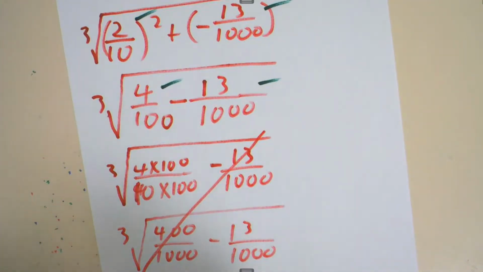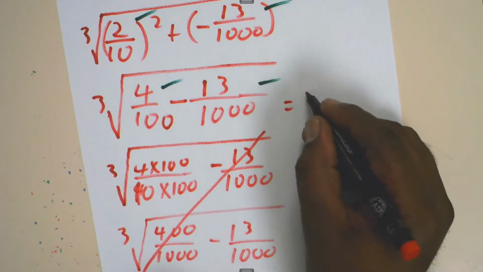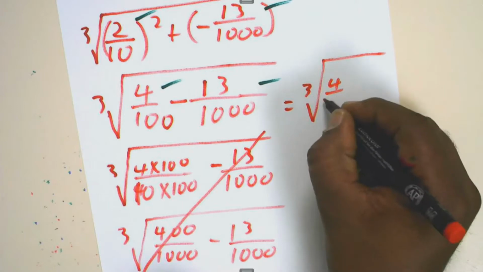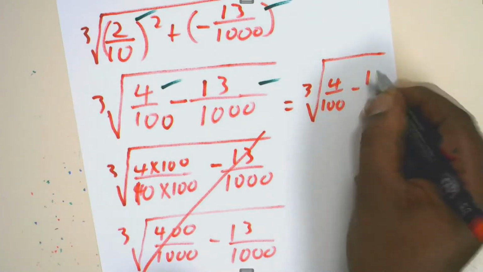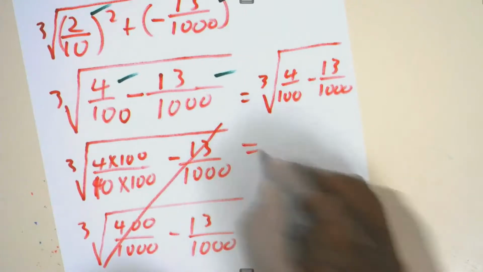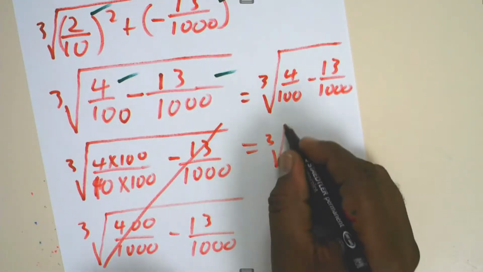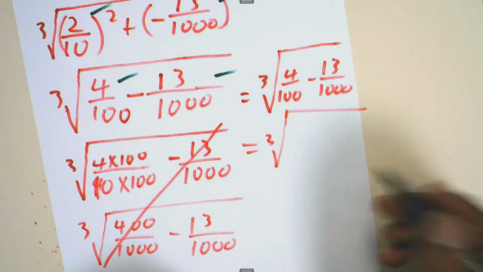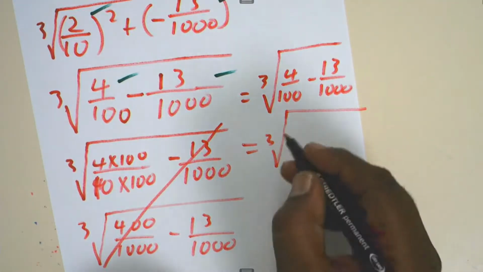Okay, I'll just do it this side. Therefore, cube root of 4 over 100 minus 13 over 1,000. Your LCM, 1,000 divided by 100, it's a 10. So multiply everything by 10.